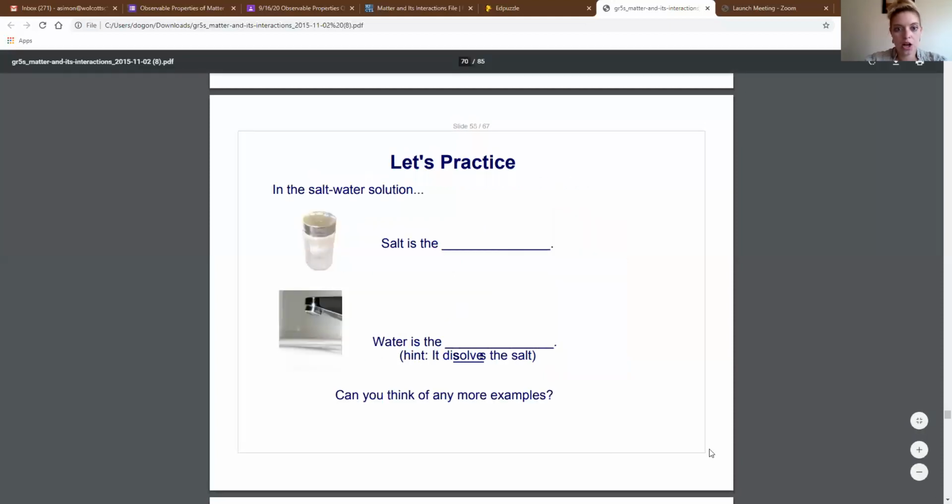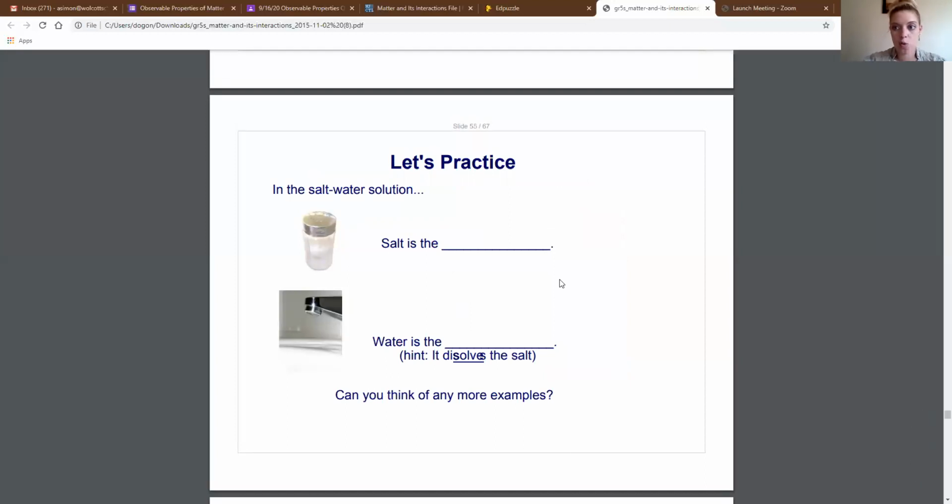All right, moving on. So let's practice. In the saltwater solution, salt is the what? Solute or solvent? If you said solute, you are correct, because that is the thing that kind of goes into the water, so it kind of disappears. Water would then be the solvent, because it is what does the dissolving.